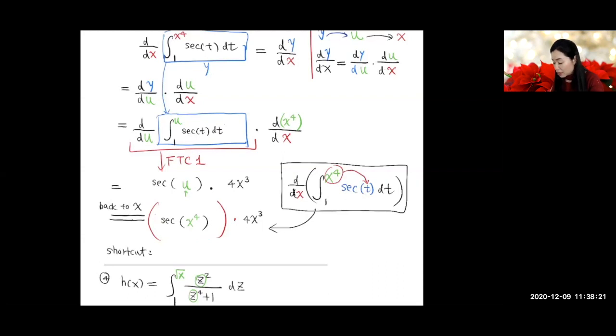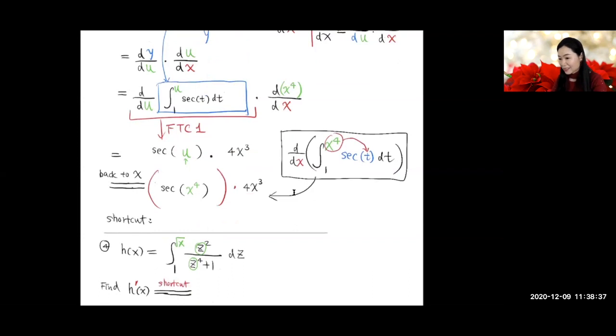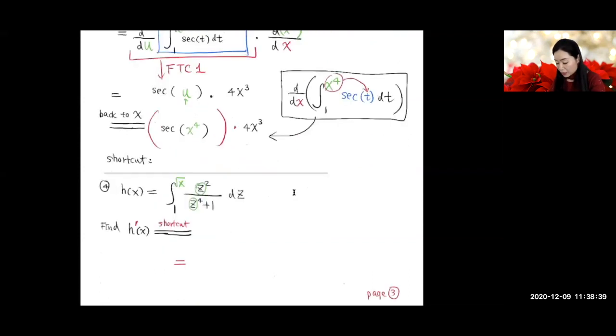Because this is not x but a function of x, by the chain rule we have to multiply by the derivative of this with respect to x, which is 4x cubed over here. So you see the pattern. That's a shortcut.